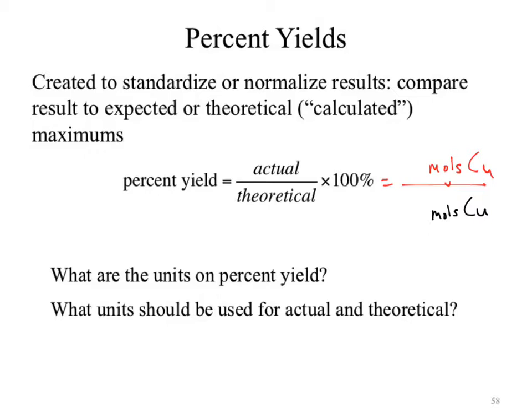Copper. So to convert either one of those into grams or moles, I would need to multiply or divide by the exact same function. Which means it doesn't matter which unit I use as long as they're the same. All right? So we can use grams or moles. Typically, people want grams. Why would we typically use grams for a percent yield?